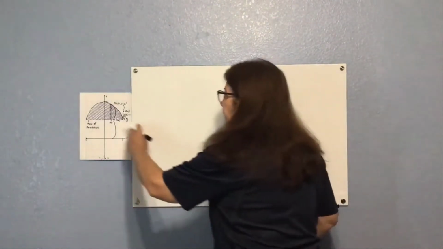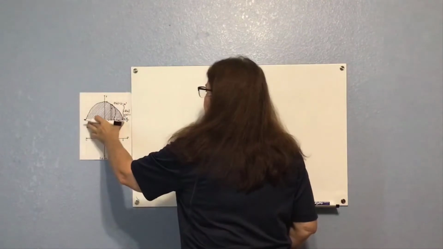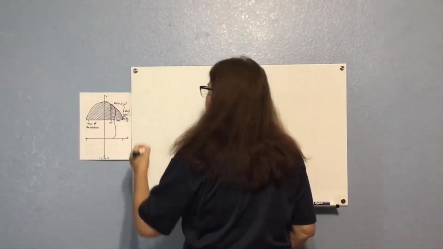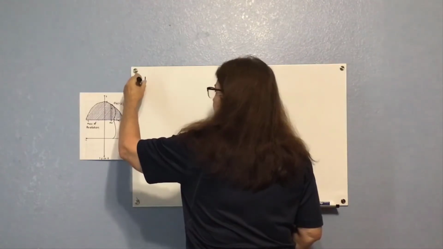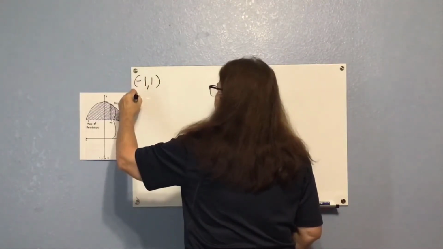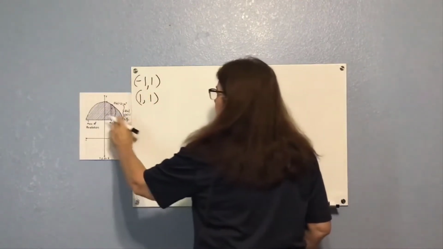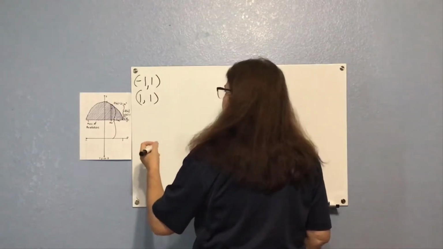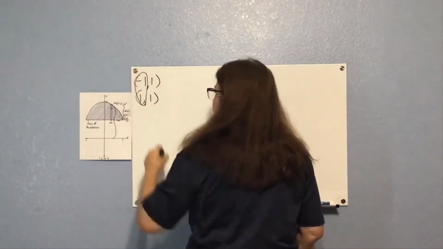When I graph this, I can see that my limits of integration are -1, 1, and +1, 1. Those are the intersection points. And so these will be my limits of integration.